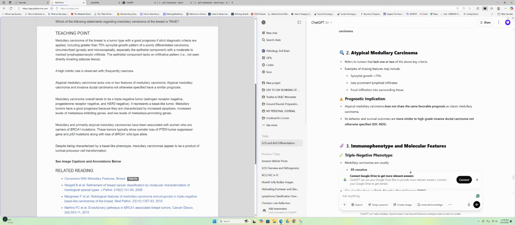Prognostically, atypical medullary carcinoma does not have the same favorable prognosis as classic medullary carcinoma. Its behavior and survival are more similar to high-grade invasive ductal carcinoma, not otherwise specified.